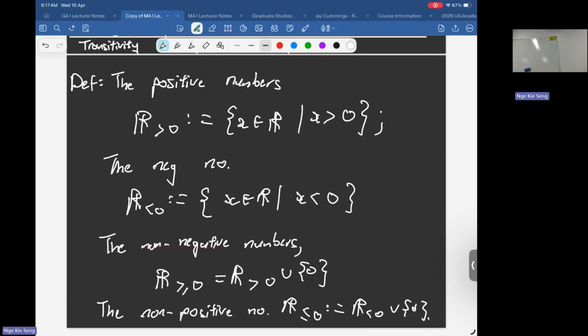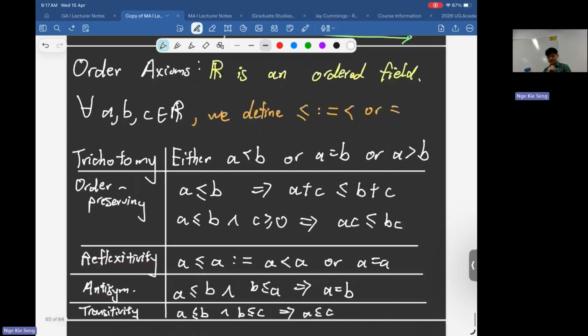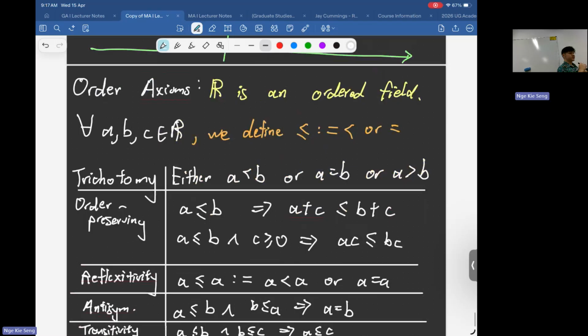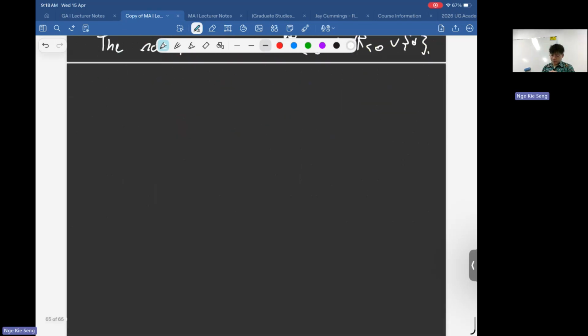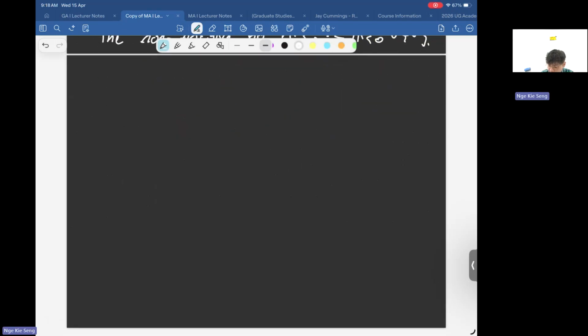Then the positive and negative would mean different things already. Does it make sense? The order is just something that has to satisfy these properties. I invite you to check: if you swap the usual greater than or less than or equal sign, you still get these things.